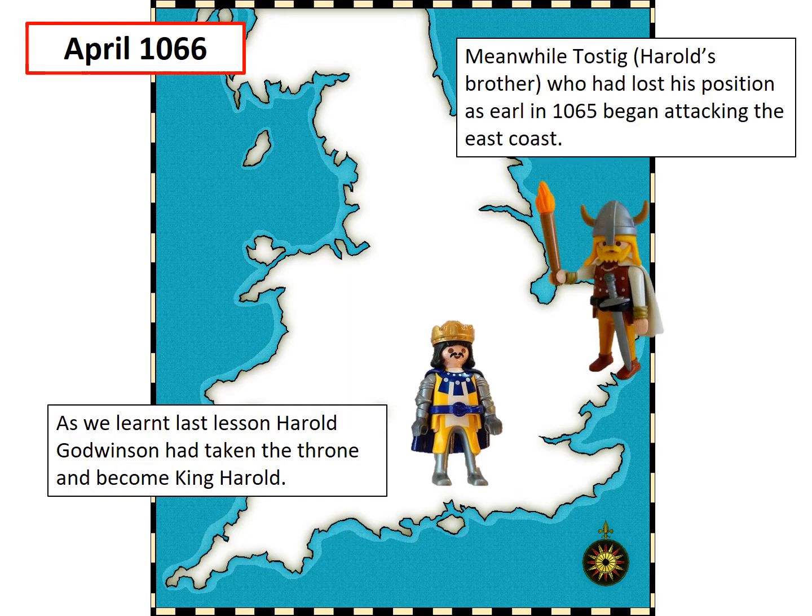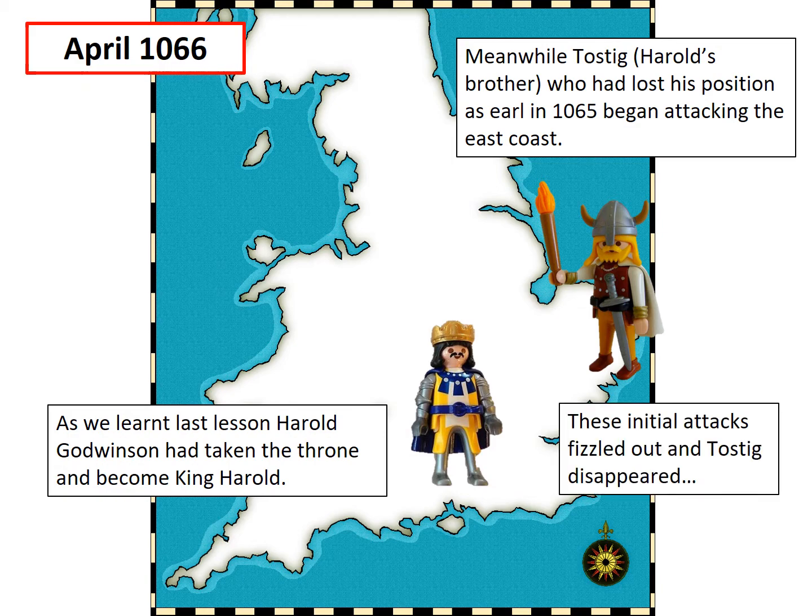Meanwhile, Tostig, Harold's brother, who lost his position as an earl in 1065, arguably because of his brother Harold, begins attacking the east coast of England. So Tostig, with his merry men, runs up and down the coast of England in their ships, attacking people and pillaging villages. Now, those attacks fizzle out, and Tostig mysteriously disappears in about April of 1066. He will come back into the story.